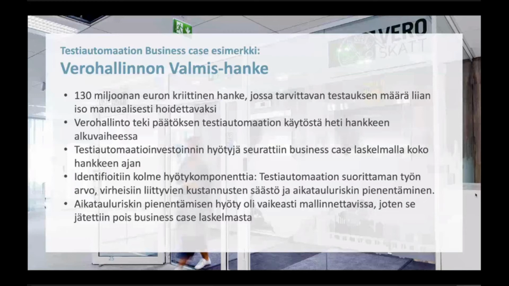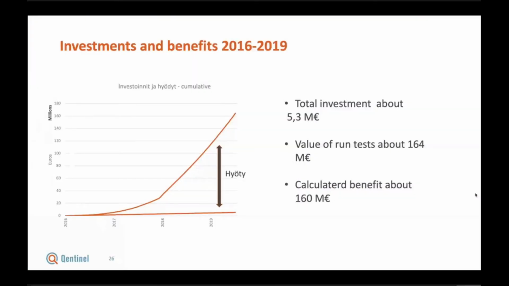And one thing was that it was quite difficult to actually calculate these kinds of risk scenarios or how much it improved the risk. It was left out of the actual qualitative analysis, but the results were that you have the baseline of automation helping you. The project started in 2016, and what they calculated was that the total investment into test automation for them was about 5.3 million, and the value of run tests compared to manual testing was about 164 million.